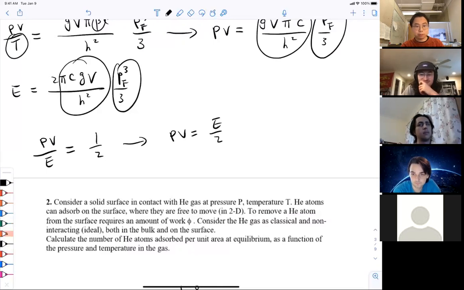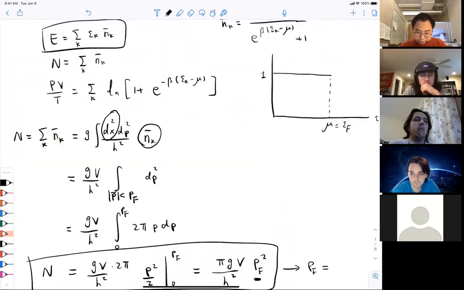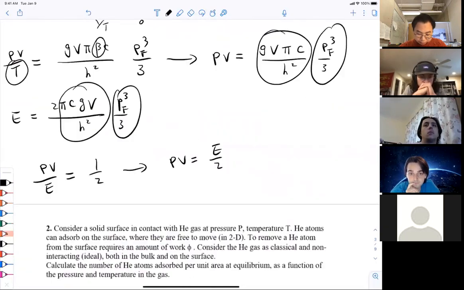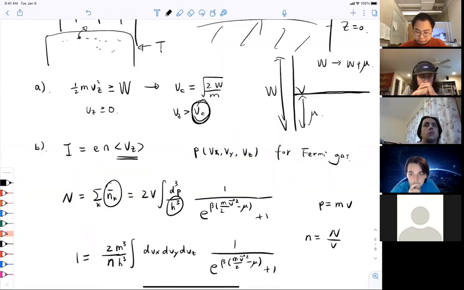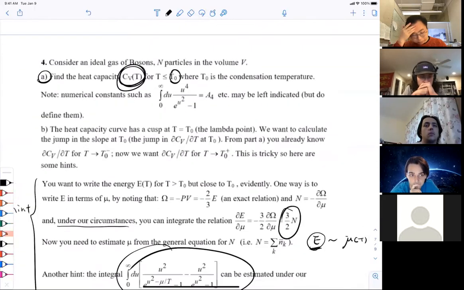Make sure you know the derivation the professor did in class for both the ideal boson gas and the ideal Fermi gas. Actually, in this exam, problem A, the first problem and the last problem is basically what he did in class.